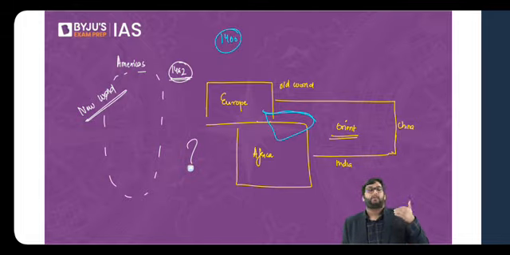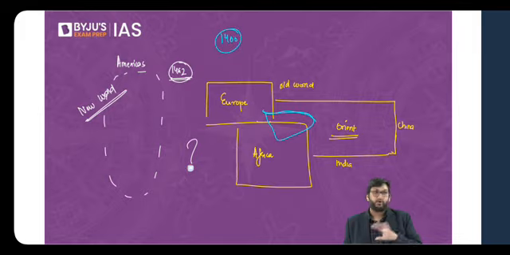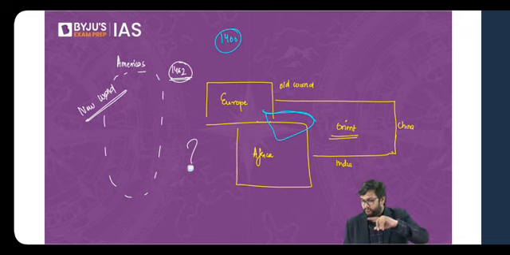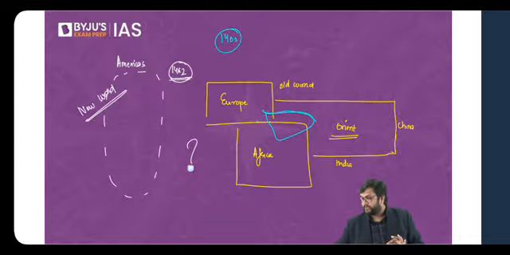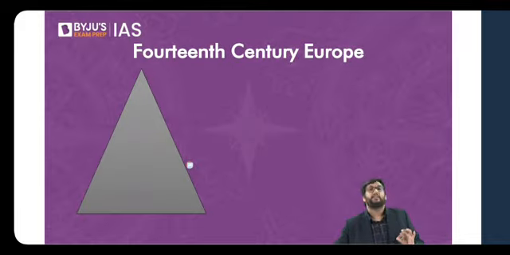Sure, fall of Constantinople, but that would affect the India route, not the America route. The question is, why did they not have the courage to go into the water? Very good, Abhishek. We did not go into the water too far off, and that can only be explained if we go to 14th century Europe.